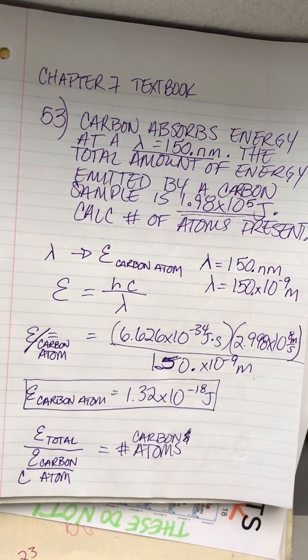So more detail in units is always helpful, but I think this problem is probably the hardest type of problem, right? But the idea is if you have a total energy and then the wavelength or frequency of one particular thing, then you want to find the energy of that thing and then divide it into the total, right?